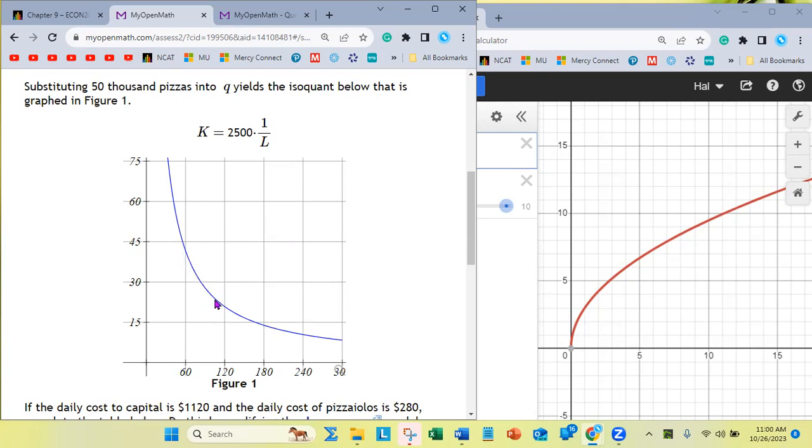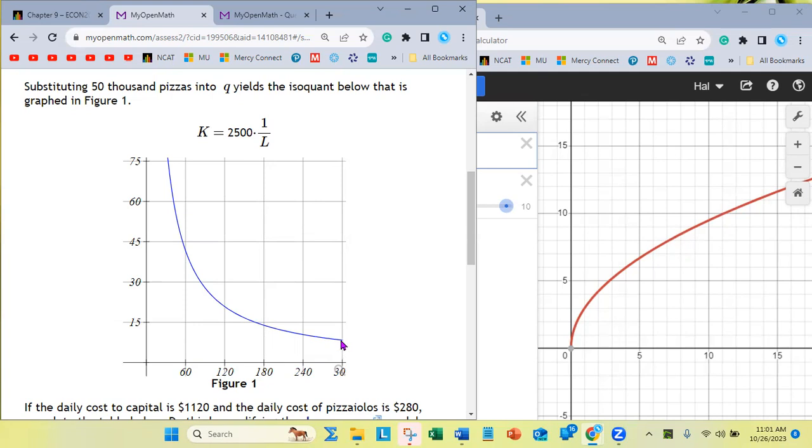If I further increase my labor to 120, I would only need about 18 units of capital to produce my 50,000 pizzas per day. If I increase my labor to 300, this is actually 300, right? 60, 120, 180, 240, 300.